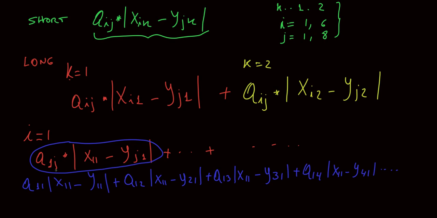Here we are changing this index from 1 to 6. You see how this term that I circled with this blue color essentially represents these terms.